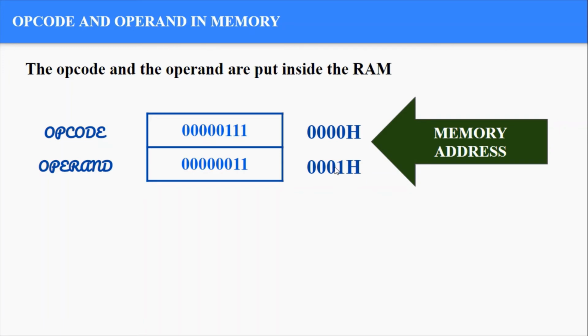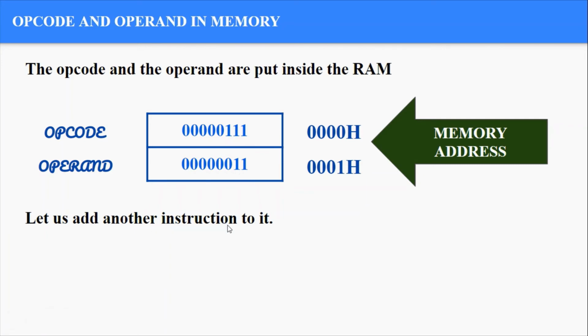The address keeps increasing by every byte. So each address can hold 8 bits of data, that is 1 byte. You can see that opcode is followed by an operand. And the single line instruction in assembly has occupied 2 bytes of memory in RAM.